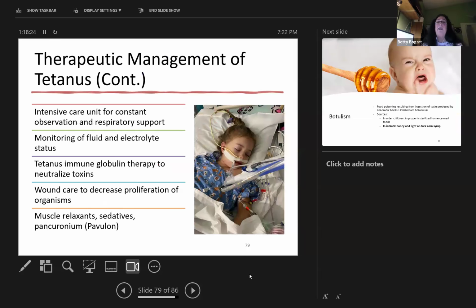So in the ICU: respiratory support, again tetanus toxoid, and wound care. And we're going to paralyze these children and sedate them because these muscles are so painful that we're going to make them not feel that they're moving, and then sedate them because they're wide awake. These children are sick.